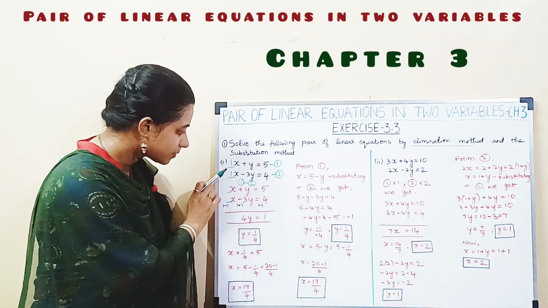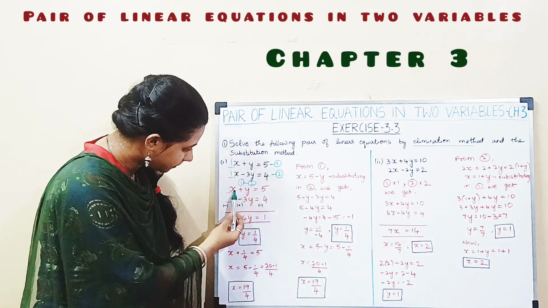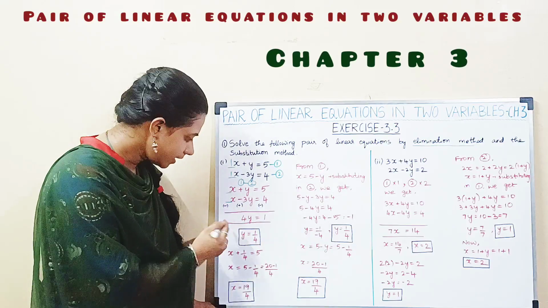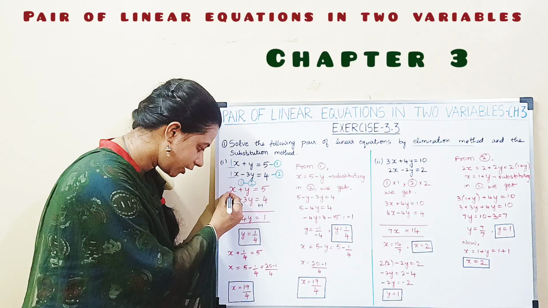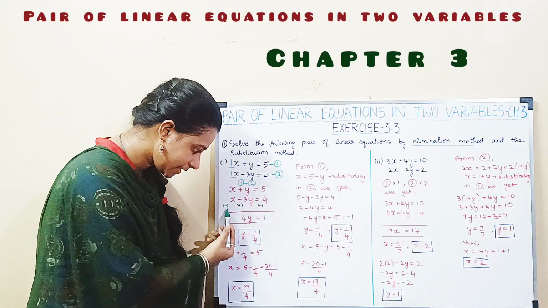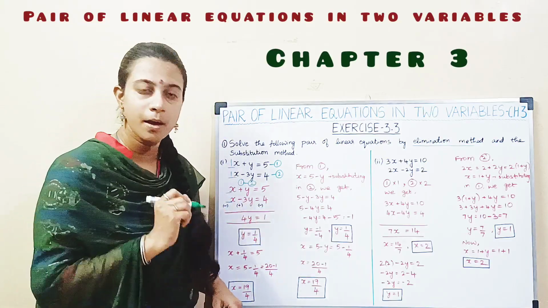Here, since both are positive, both are of the same sign, we are subtracting equation 1 minus equation 2. While subtracting, the signs of the coefficients of the second equation will be changed. So plus x will become minus x, minus 3y will become plus 3y, and plus 4 will become minus 4.